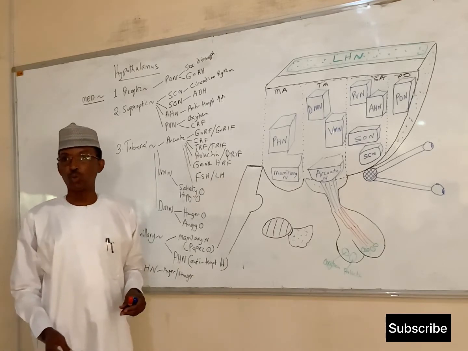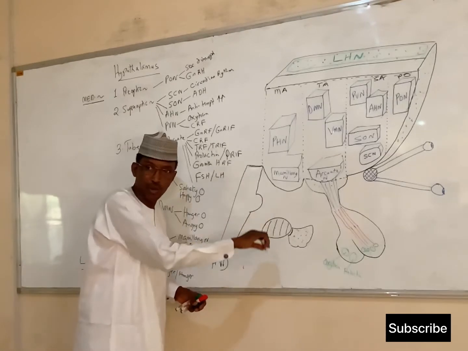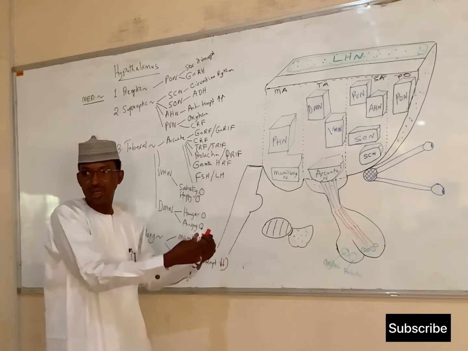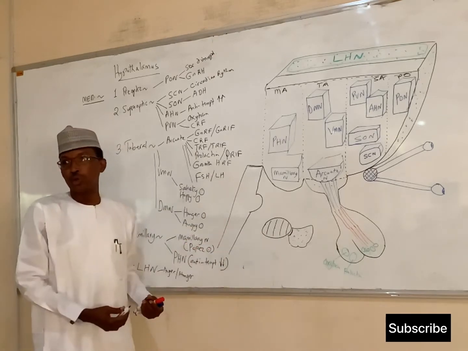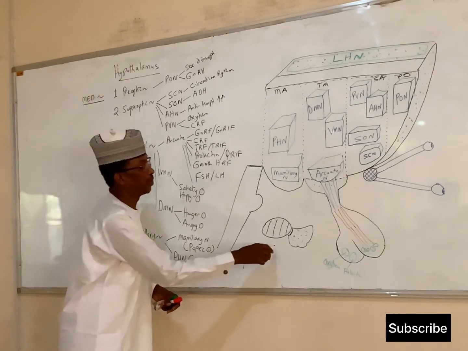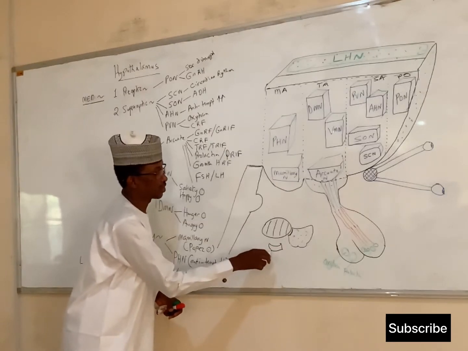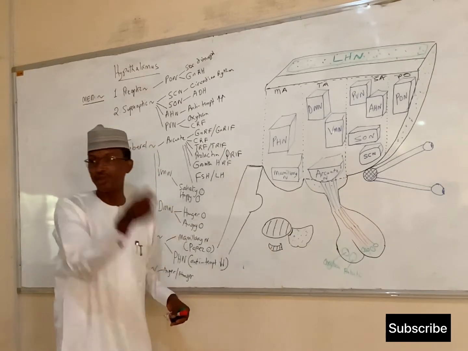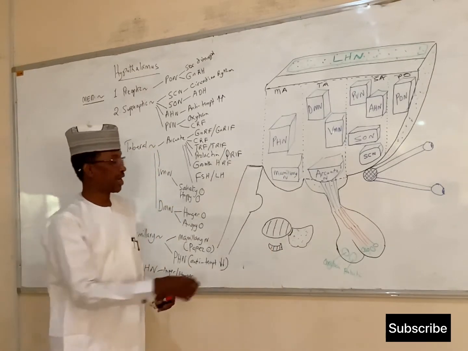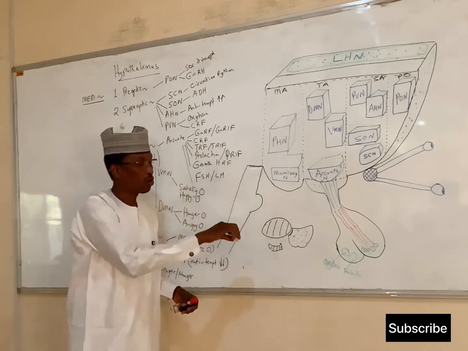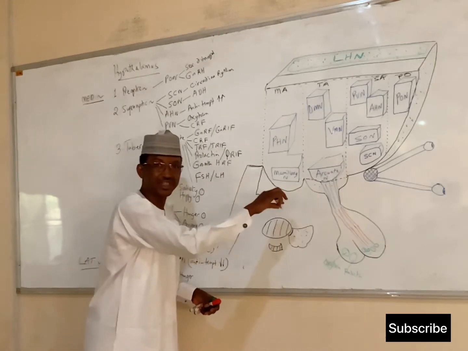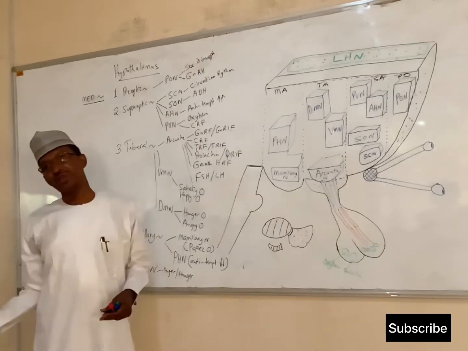That is why it is called hypothalamus. It is just a little bit inferior to, not below. When you say below, that means it's subthalamus. That is what we discussed in the other lecture. So subthalamus is below the thalamus, while the hypothalamus is a little bit anterior, inferior to the thalamus.